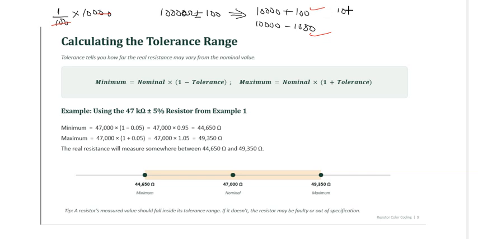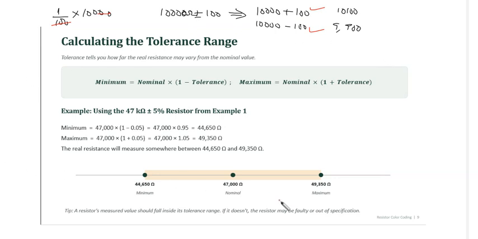And 10,000 minus 100, I beg your pardon, this is 100 here, not 1,000, will give us 9,900, right?